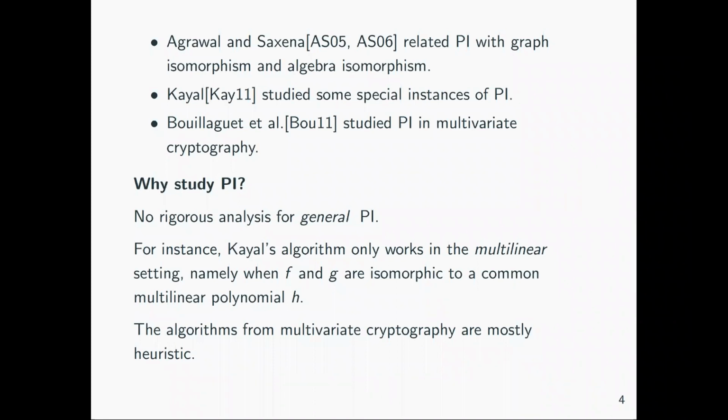The algorithms from multivariate cryptography are mostly heuristic. In other words, these algorithms need unproven assumptions. But these works contain several nice ideas and insights, and their implementations show practical improvement.